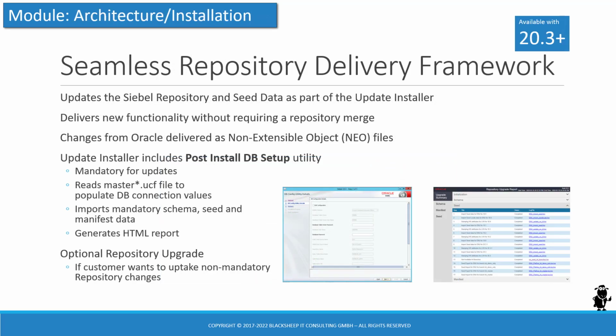We also cover a lot of aspects on installation, of new installs and also update installs, in the architecture chapter. As an example here, we have the discussion of the Seamless Repository Delivery Framework, which is introduced in 20.3 and takes care of not only updating the binaries, but also delivering repository and seed data into your database or your file system, your folders, as Oracle has started delivering repository content as files.